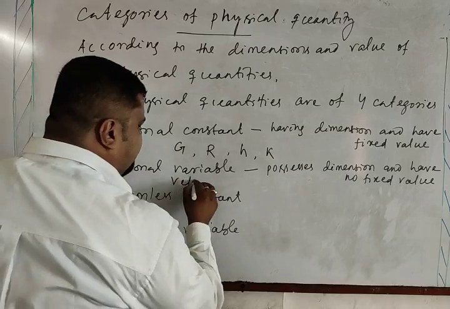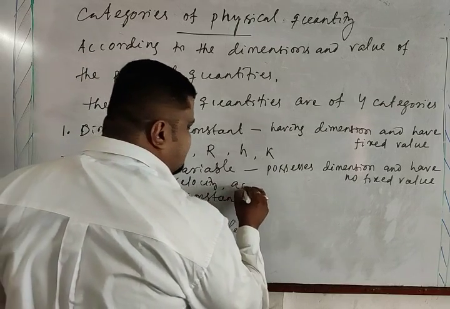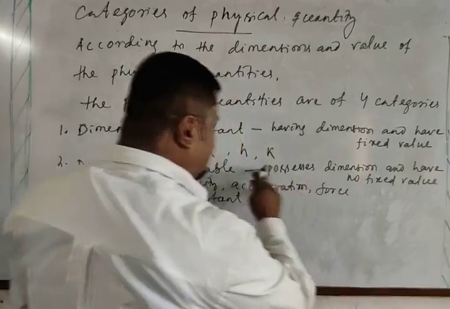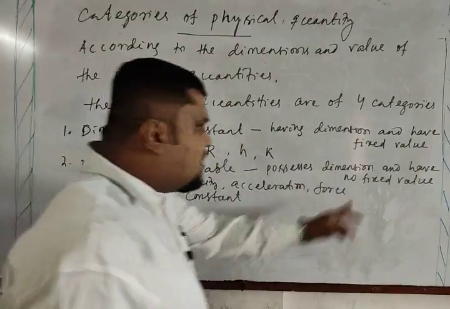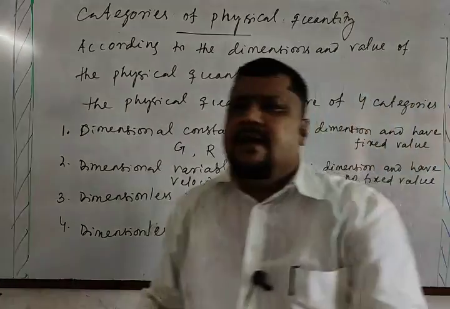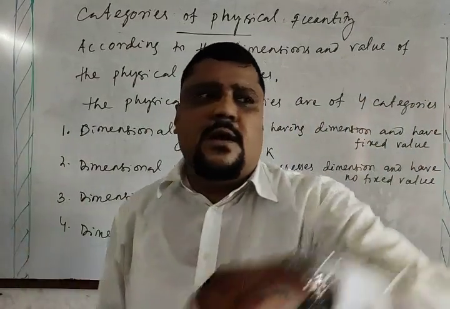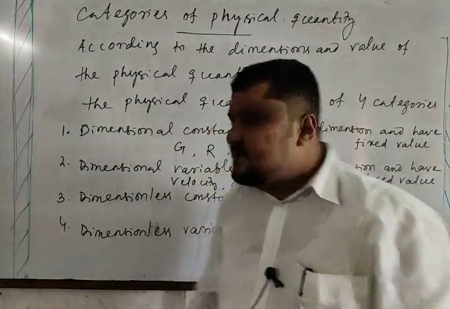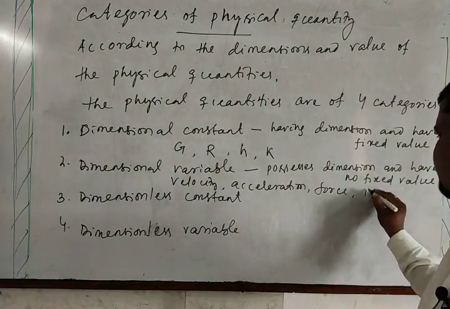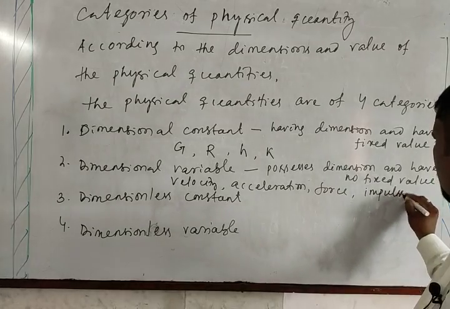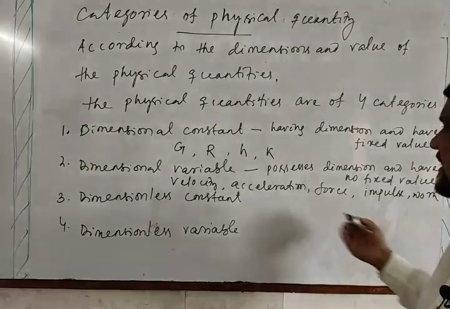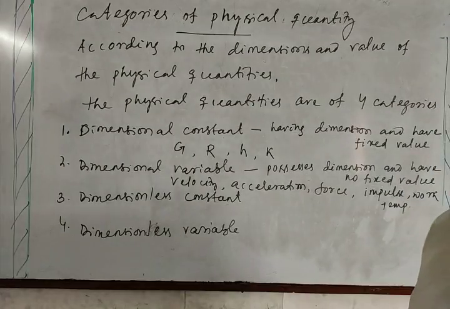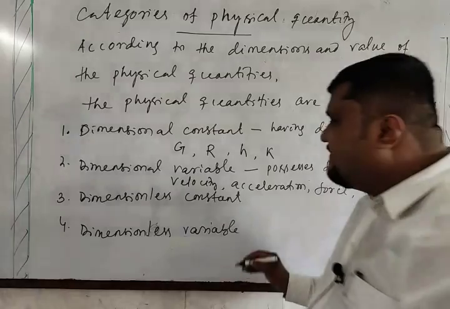You can say velocity, acceleration, force. Force possesses dimension but is not fixed. Here the force applied is 3 Newton, at another place the force applied is 7 Newton. So the value is changing. Velocity, acceleration, force, impulse, work. Clear? Temperature and electric current are also dimensional variables.